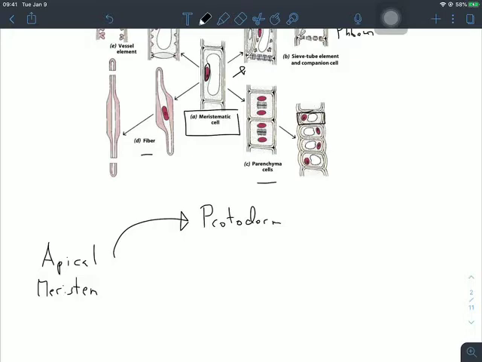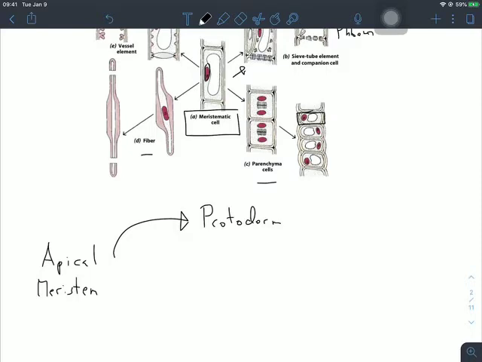The protoderm is your pre-epidermis, your pre-skin. So this is where a cell is not yet specialized into the different cell types that are found in your epidermis of a plant. But from here on out, it will only be able to differentiate into different types of skin cells.